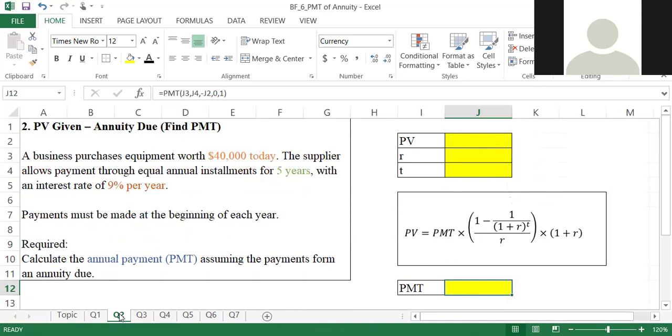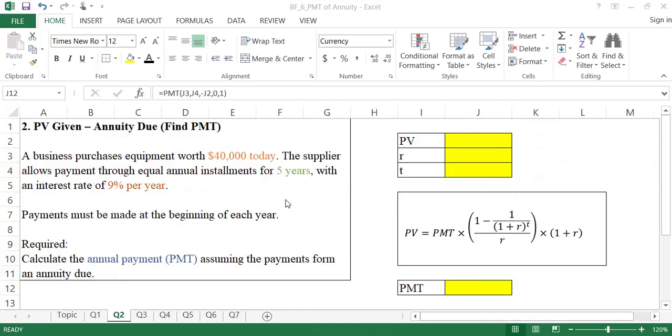Moving on to question number 2. Its PV is given and we have an annuity due.